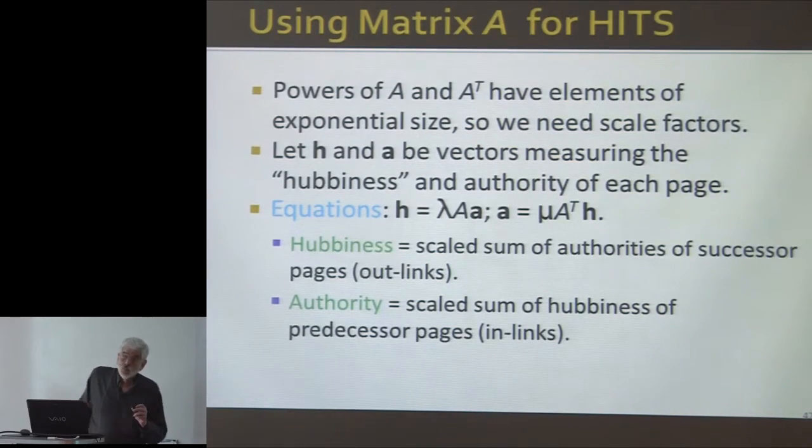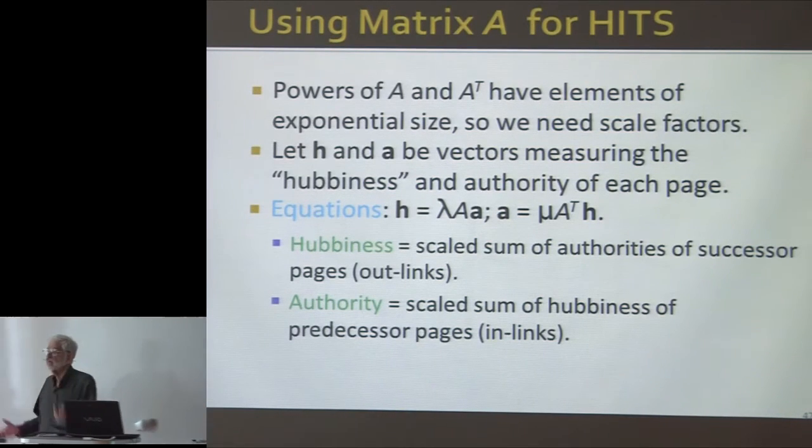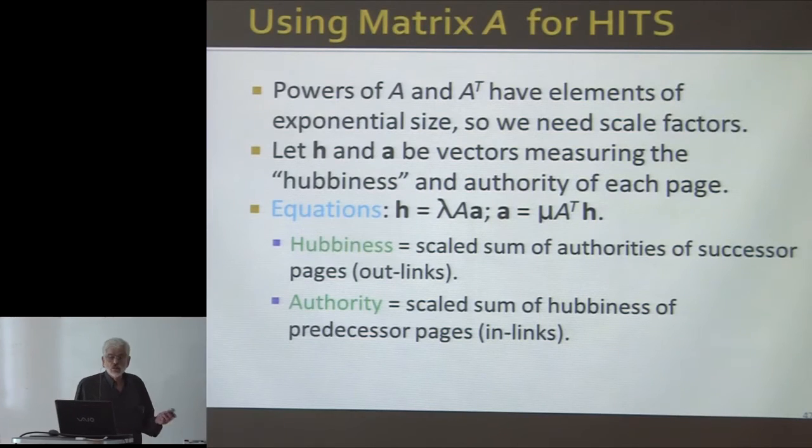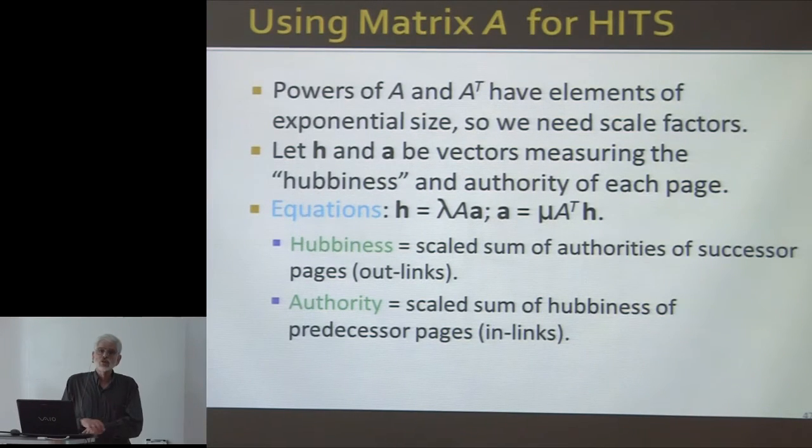Now, we can take A, multiply it by itself, take powers. Same with A transpose. The trouble is, since you tend to have a lot of 1s in any row or column, the powers of A or A transpose are going to grow, and they'll grow exponentially. Since the average page has about 15 outlinks, the numbers will be roughly 15 times larger each time you multiply by A again, or A transpose.